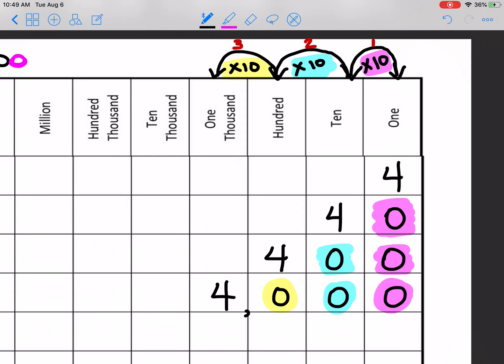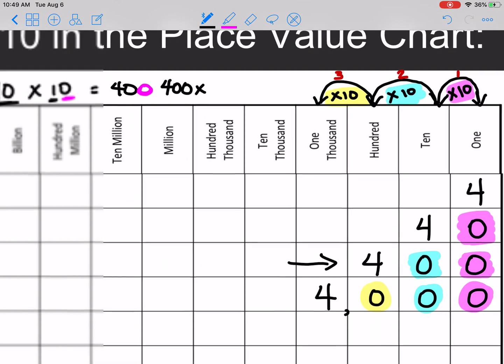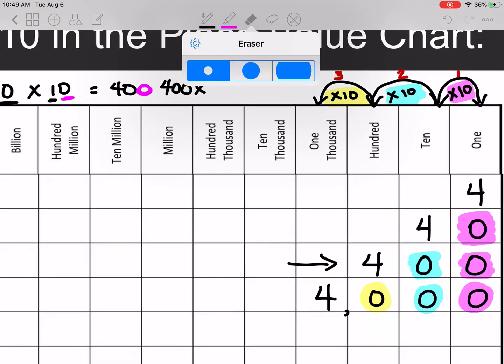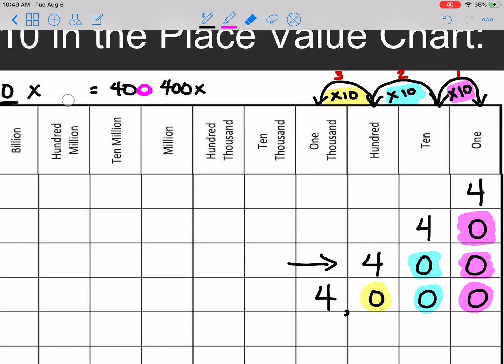So I could use this number here, the 400. I went from the hundreds place to the thousands place, which was just the 10 times.